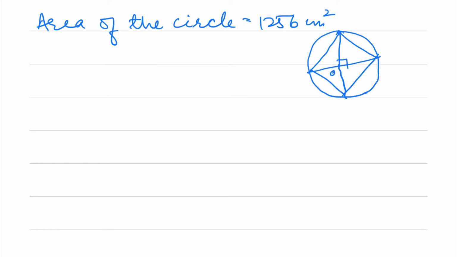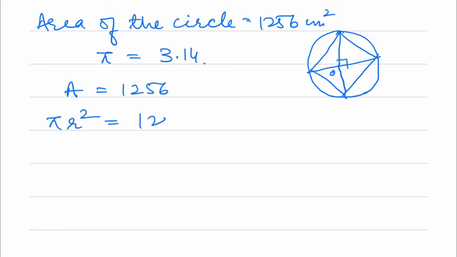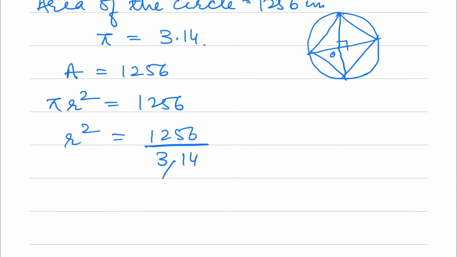Let's find out the radius first, and pi we have to take as 3.14. Now area is given to us as 1256. Pi r square is equal to 1256. r square is equal to 1256 divided by 3.14. Removing this decimal, I have 100 and this completely goes by 4. 14 4s are 56 and 3 4s are 12, so that's fine.